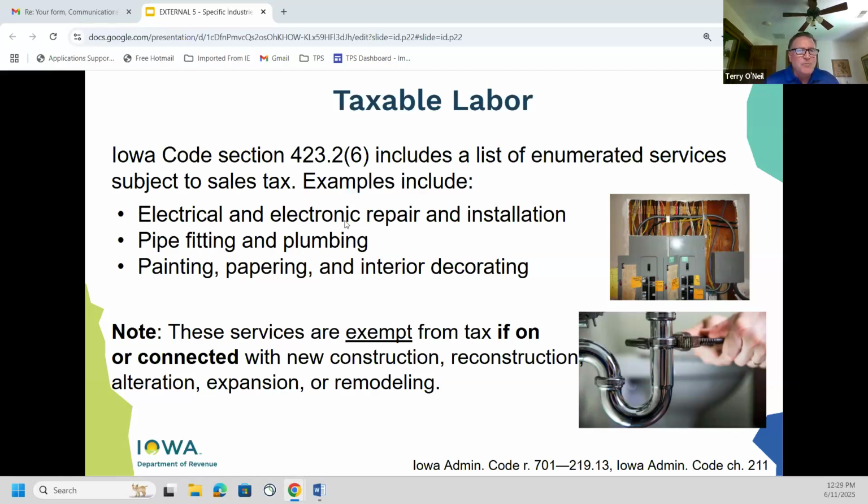Electrical repair, electrical installation is a taxable enumerated service. However, since it is on or connected with the new construction, reconstruction, alteration, expansion, or remodeling of a structure or real property, that means it's not going to be taxable. So hopefully that example helps make that a little clearer for you. Again, services connected with the construction, not taxable.